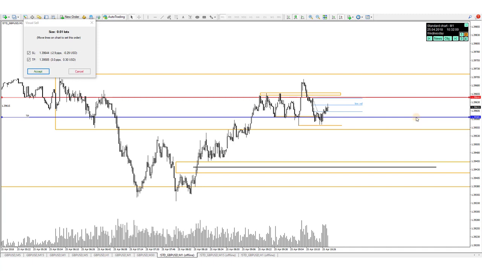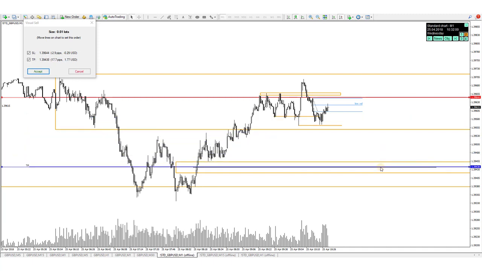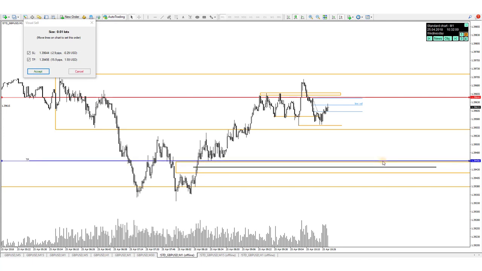My take profit would be on my 50 from here. It's risky. It can also be at the higher edge, as here. It's 16 pips. So let's make this with lower risk.